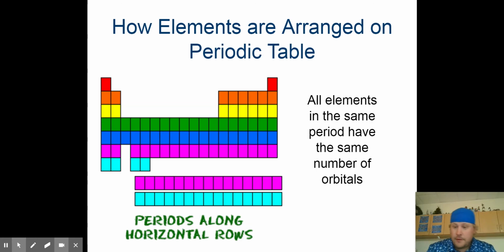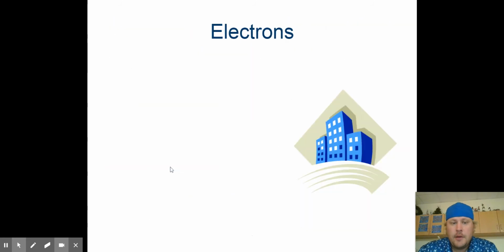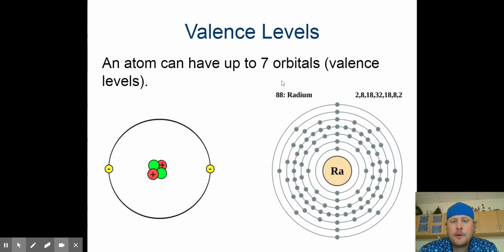Look at this lovely drawing right here by Mr. Eddie, okay? So those are the number of orbitals, and that's going to play a role with how many electrons can be circling in that orbital, all right? So as we go through here, I want you to write down this note, valence level and the number of atoms. You do not have to draw any of this. Take notes.